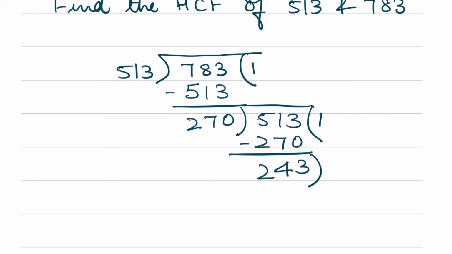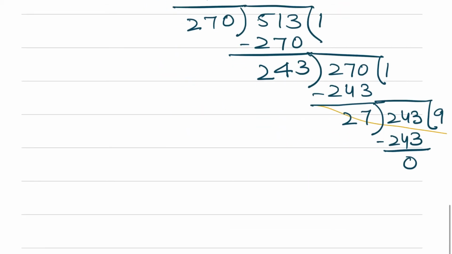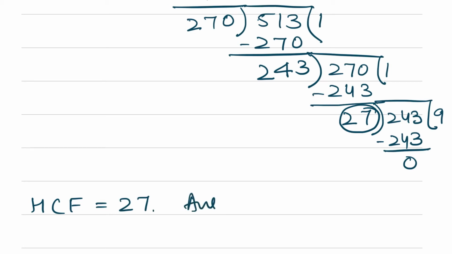Now this becomes the divisor and the previous divisor becomes the dividend. So we get again 1 time 243, subtracting, we have 27. Now this becomes the divisor and the previous divisor becomes the dividend. So now this goes 9 times, 243. The remainder is 0 here. So this is the last divisor. So HCF is equal to 27. That's the answer.